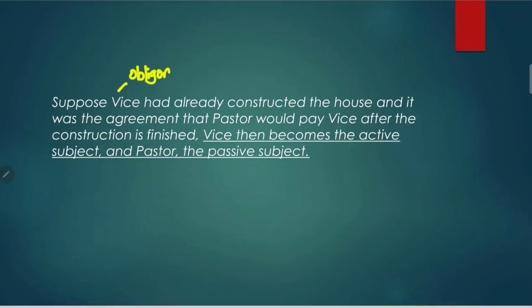So, this time, bali kanina pala, Pastor was the obligee, yung may right to demand the fulfillment of the obligation. Ngayon, since tapos na yung previous agreement, executed na siya, pupunta na tayo sa payment.